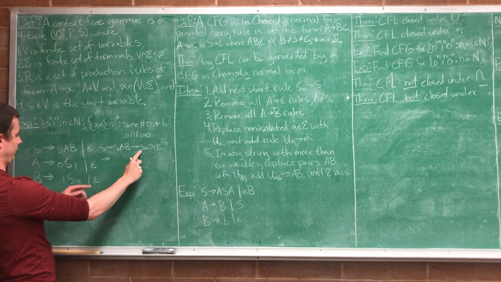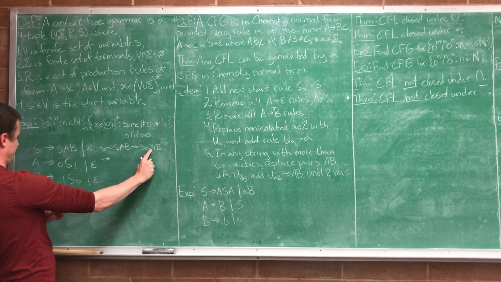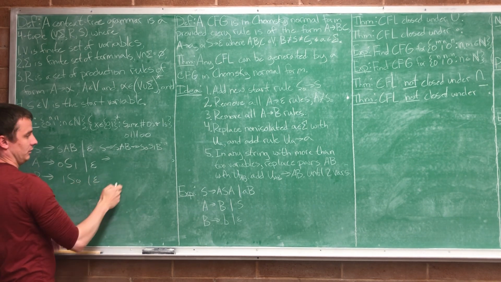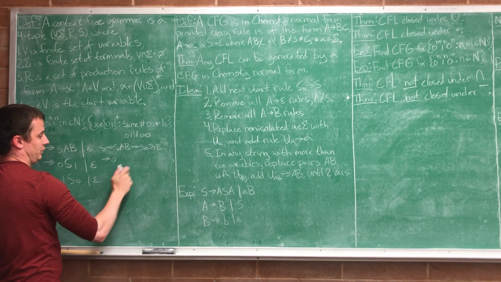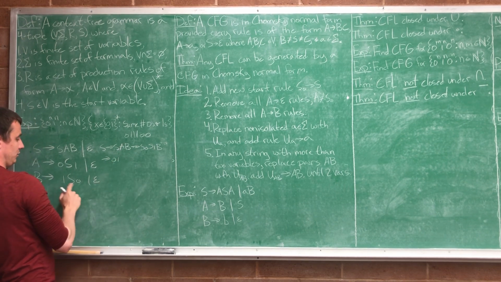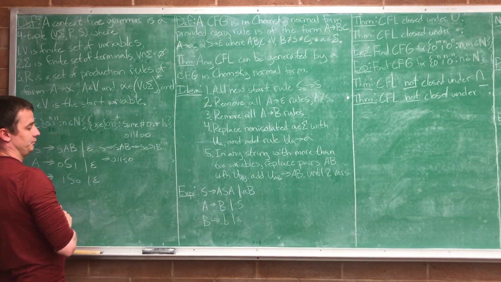Maybe you'll be okay with me replacing these S's with epsilons at the same time. Epsilon, epsilon, B is going to be 1, S0. So epsilon, nothing, then we have 0. Epsilon's nothing, then we have a 1. B is going to be a 1, S0. Right?